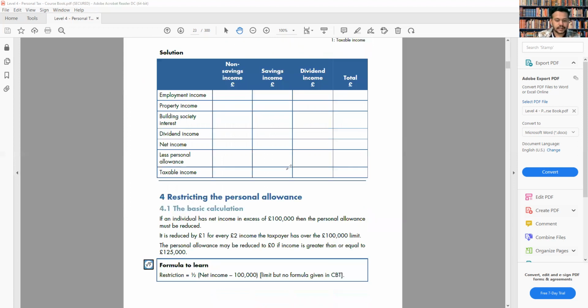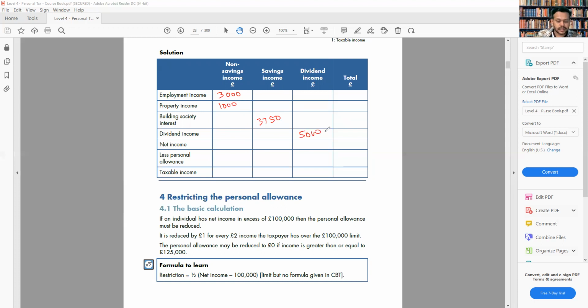So first one, we have the employment income, that is non-savings 3,000. Then we have a property income 1,000. That is also non-saving. Building society interest, that is savings income, that is 3,750. Then you have a dividend income, that is 5,000.